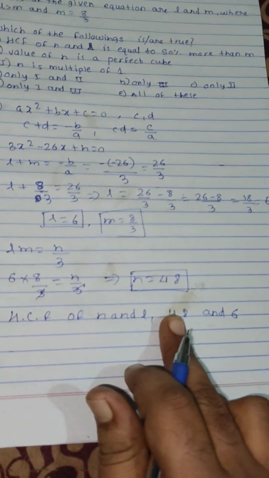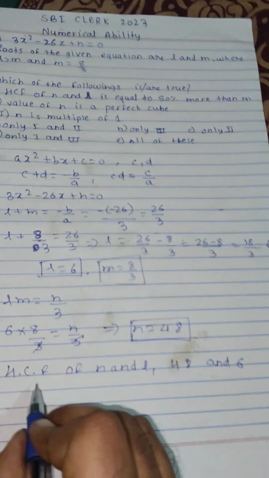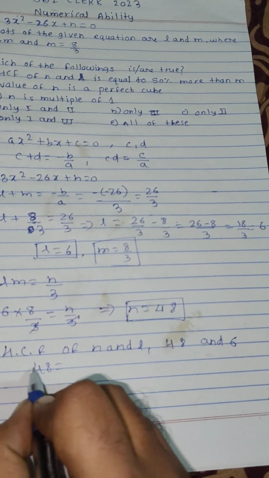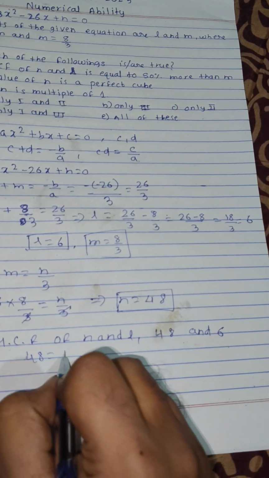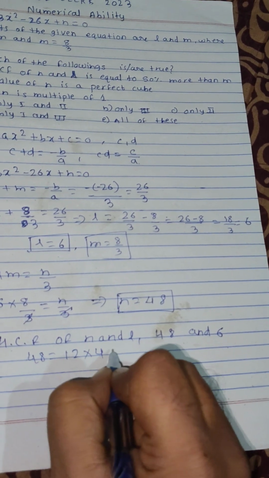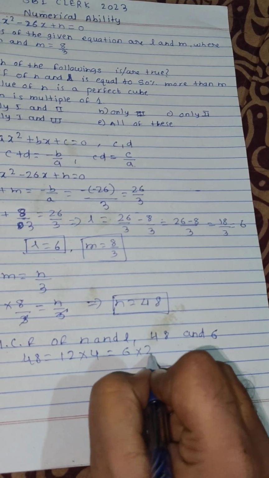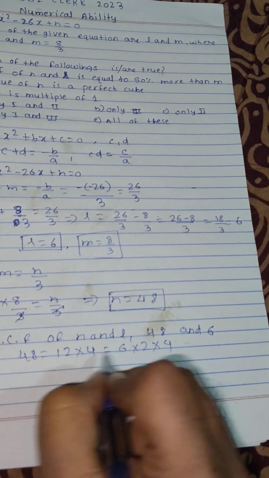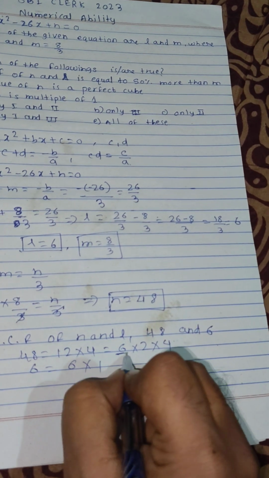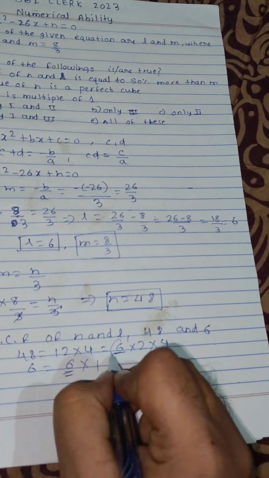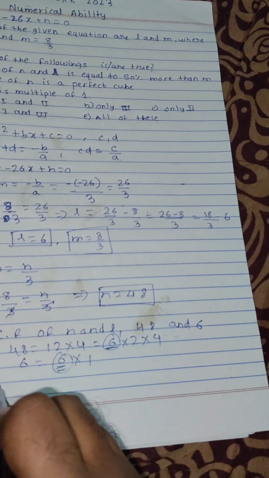We can use the factor method. 48 is 12 into 4, which is 6 into 2 into 4, and 6 is 6 into 1. So the highest common factor is 6. The HCF of 48 and 6 is 6.